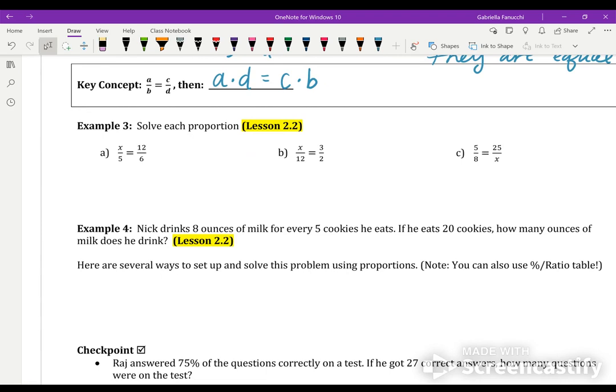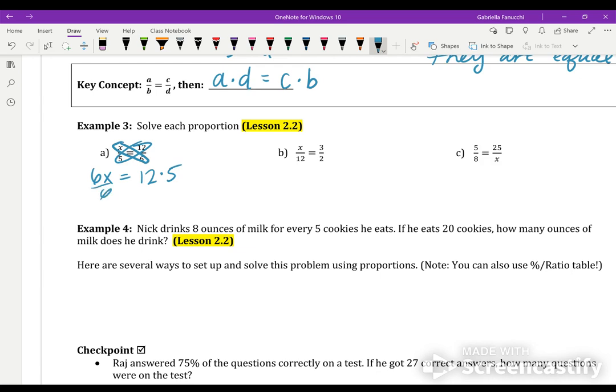So now we're talking about lesson 2.2. There's a couple ways to solve proportions. We're going to do one way for each of them. Okay, first one that we know is the cross product. So 6x is equal to 12 times 5. Okay, you could have simplified 12 times 5 to 60, but I want to show you guys a way that you can actually do it and simplify and not blow up the problem, make it a lot simpler for yourself.